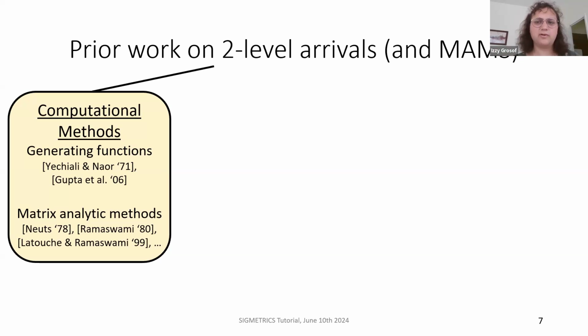But to get that result requires doing things like taking roots of relatively high degree polynomials, like in the generating function approach, or inverting pretty large matrices, like in the matrix analytic approach. And what this means is you're not getting theoretical insights, asymptotic results, sort of things you can draw lessons from via these methods. So they're good as far as they go, but they won't give you more than what they're good at.